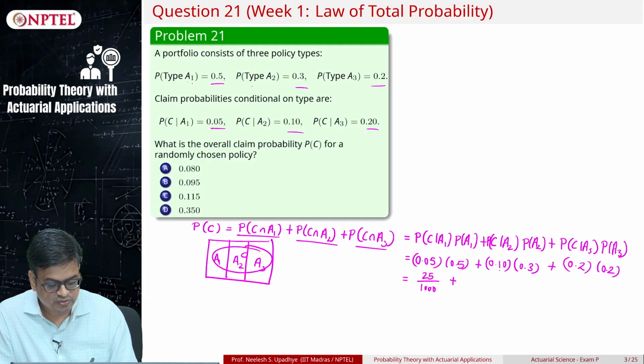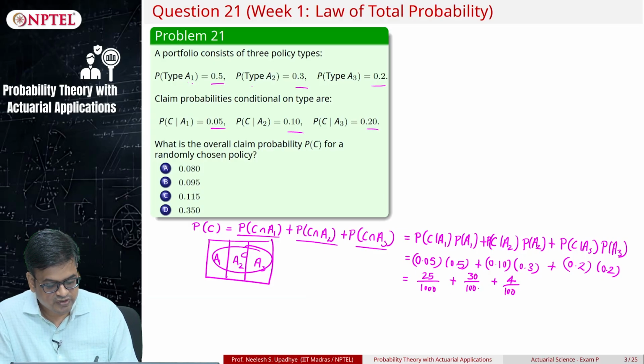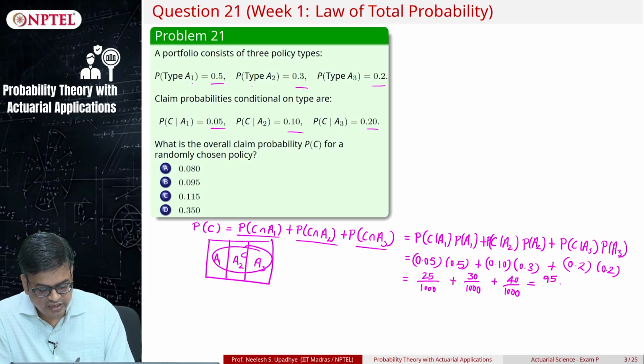This one is 1 by 10 and this is 3 by 10, so this is 3 by 100. The next one is 2 by 10 into 2 by 10, so 4 by 100. I will add one more zero here, and then 40 plus 30 is 70, 70 plus 25 is 95. So, it is 95 by 1000.